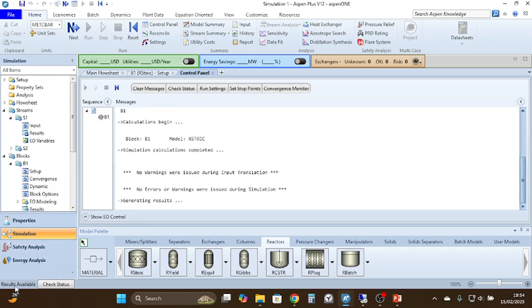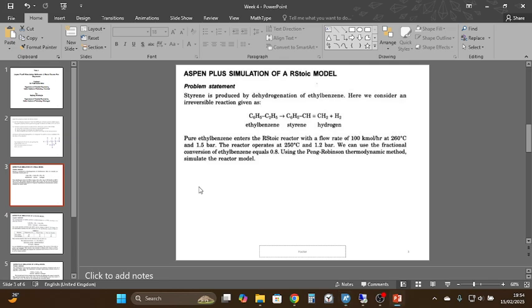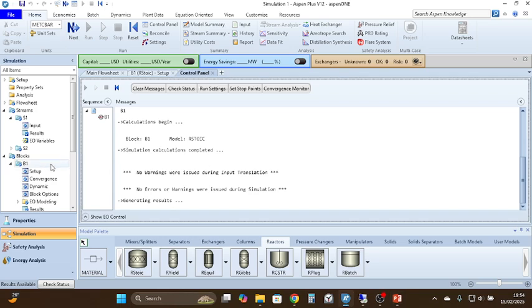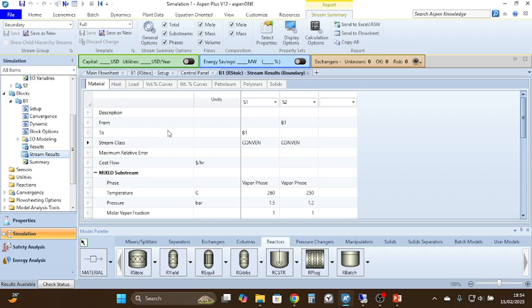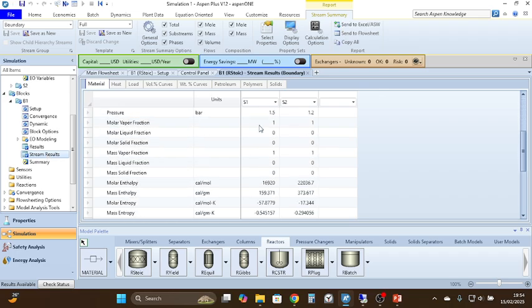Here you can see that the results are available with no errors and warnings. So what is being asked of us? You have to find out the stream results and the amount of styrene that is being formed.